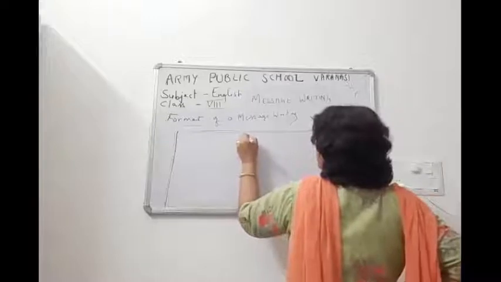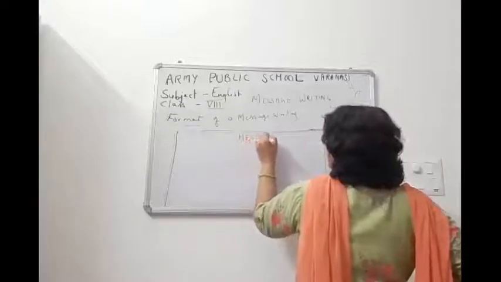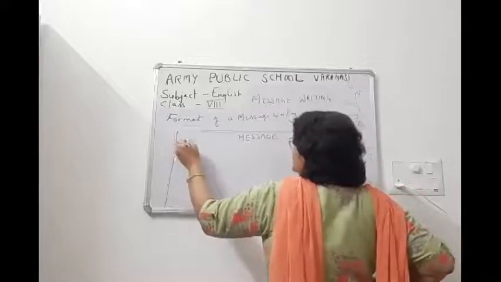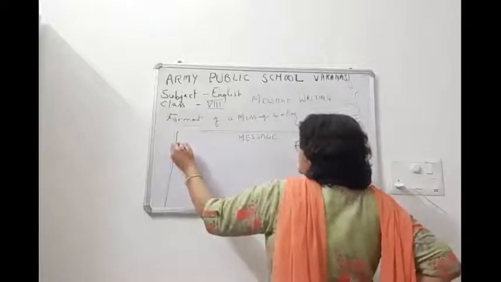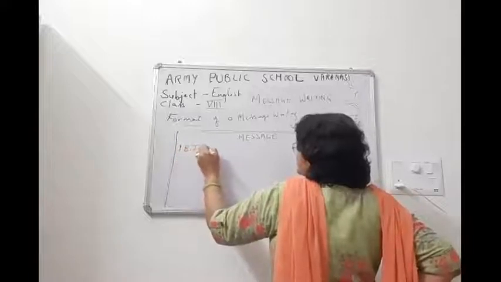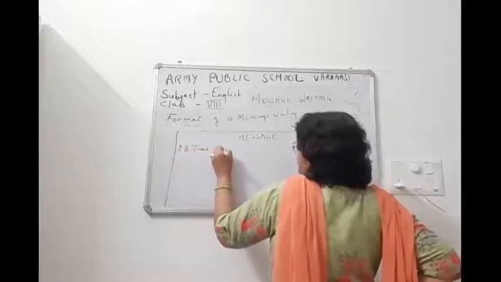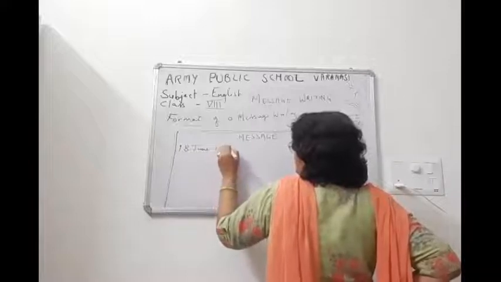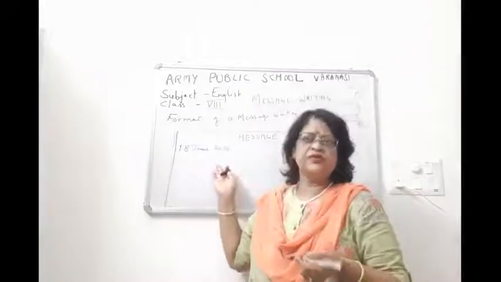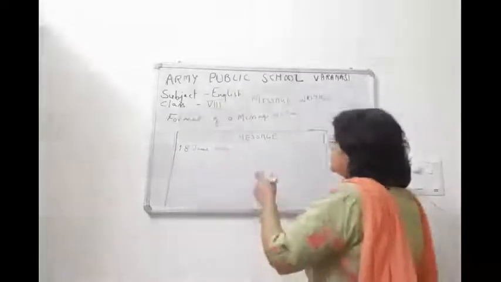Then you have to write message, and then time. Today's date, suppose you have any date, you can write any date. Okay, you can write here 9 September 2021. You can write it here in this manner.